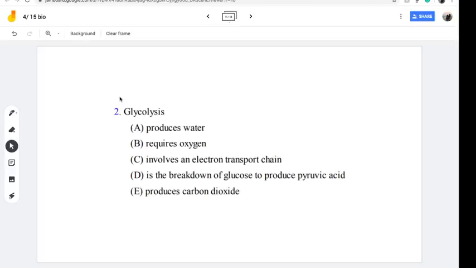Now in glycolysis, we talked about the meaning behind the word glycolysis. So I'll give you guys a couple of seconds to figure this one out.